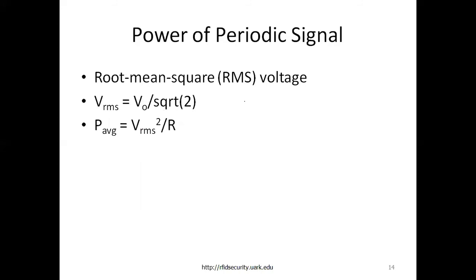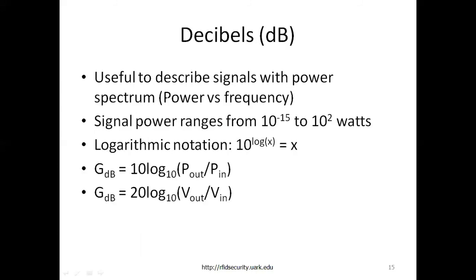So why are we considering this? Because we are dealing with power in terms of antenna transmissions, as previously discussed with the phase space law. We always use decibels to describe signals in power spectrum form, power versus frequency.